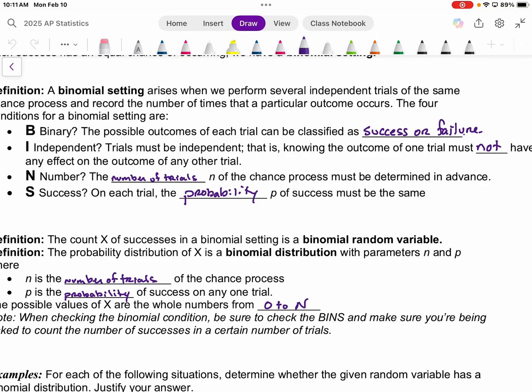And so sometimes when we look at different situations using decks of cards, we pay attention to whether the cards are being replaced. Because if they are being replaced, then as we do another draw, it's going to stay independent because one drawing of a card doesn't affect another one, since I'm putting it back in.